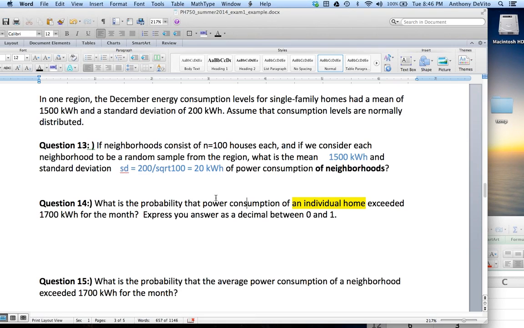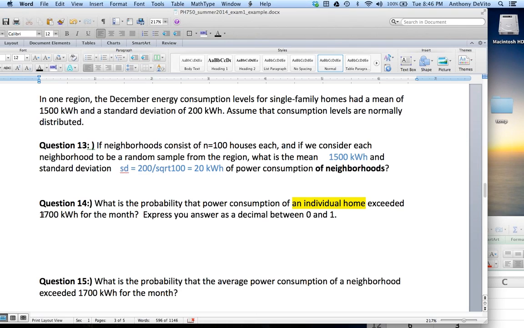The standard deviation would be 200 because I'm looking at individual homes in this population.